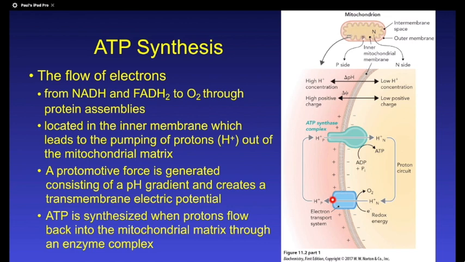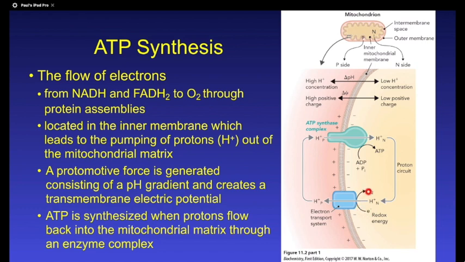And so there are two very separate processes going on. As we move the electrons from the carriers in the citric acid cycle and glycolysis through these proteins, we're going to end up putting those electrons into oxygen, and as a consequence, protons will actually be moved from the inside to the outside. It creates an electrochemical gradient. That is the end of one of the processes that occur with oxidative phosphorylation.